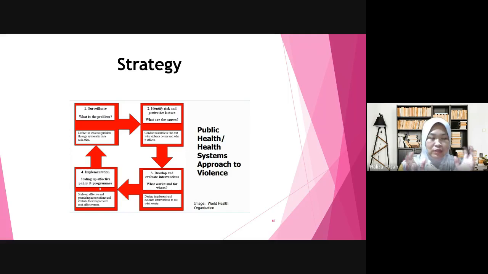When they have these social problems, for example unwanted pregnancy, it happens because of a rape case.